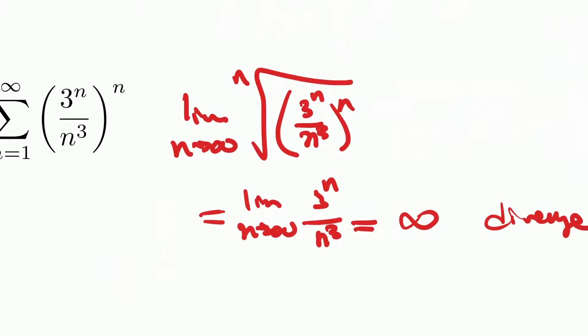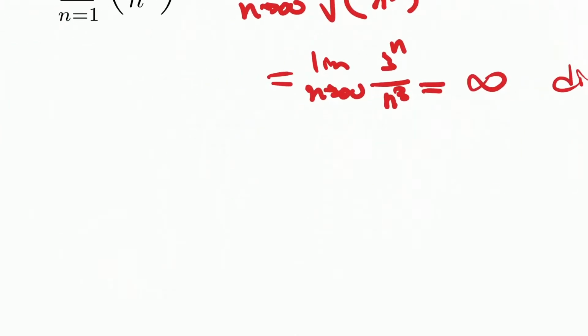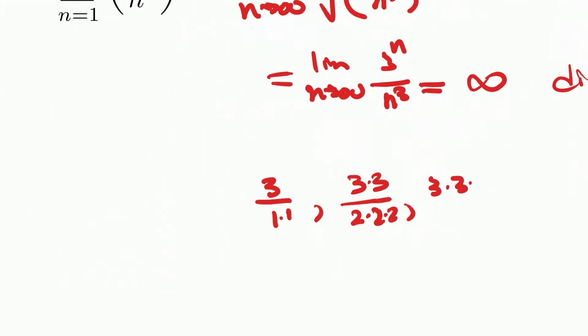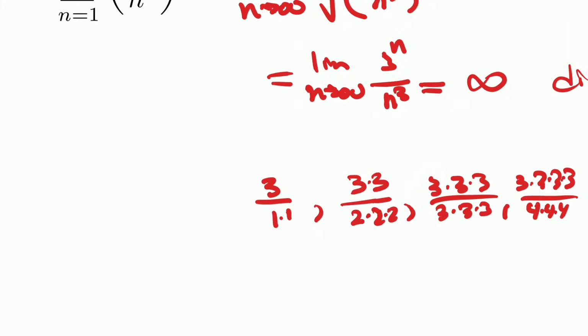But if you didn't know, you could think of the terms: 3 over 1, then 3 times 3 over 2 times 2, then 3 times 3 times 3 over 3 times 3 times 3, 3 over 4 times 4 times 4. The important thing is that these things get big.